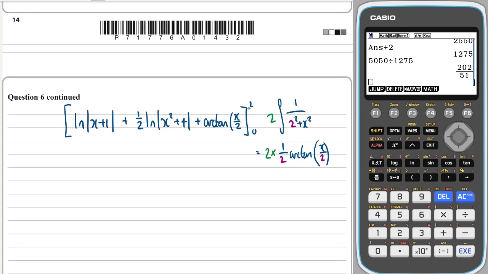Okay, subbing in our limits now. When we sub in 2, we're going to get ln of 3 plus 1/2 of ln of 8. And I'm going to get arctan of 1.